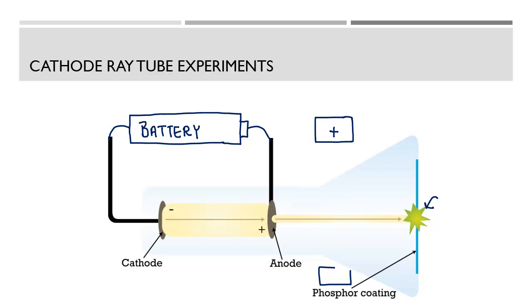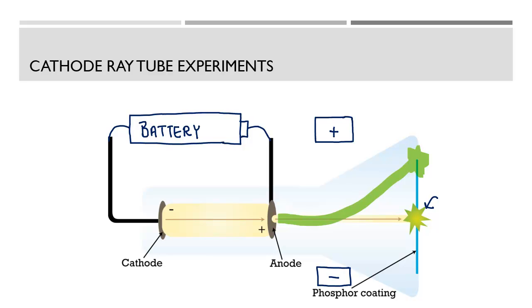Now, he also discovered that these little particles were negatively charged. He did this by putting charged plates near the tube, a negative one on the top and a positive one on the bottom. And when he fired these negative and positively charged plates up, allowing electricity to go through them and to become positively and negatively charged, this beam of electrons that was normally straight bent toward the positively charged plate.